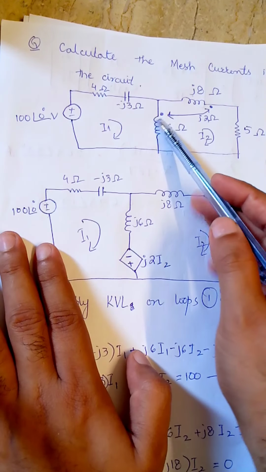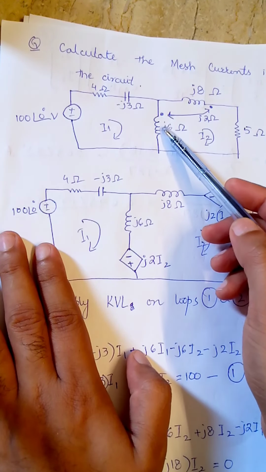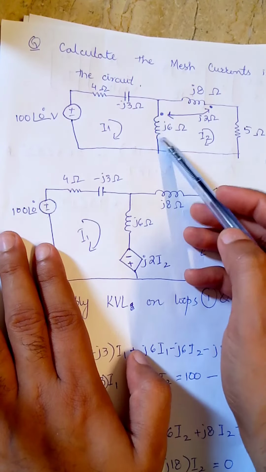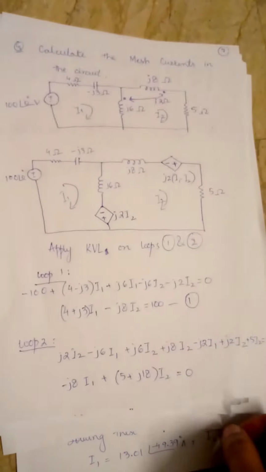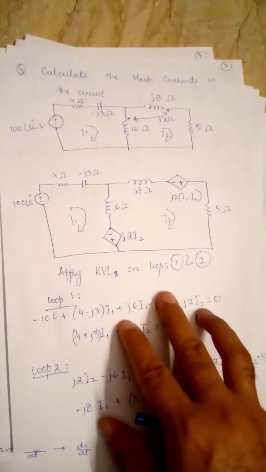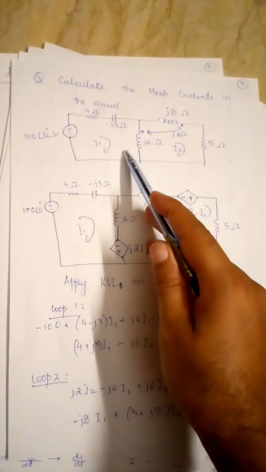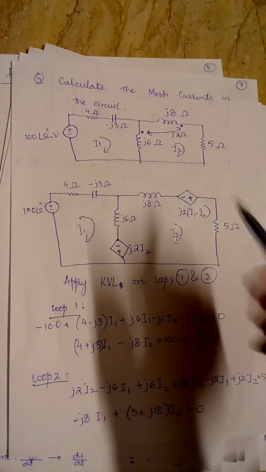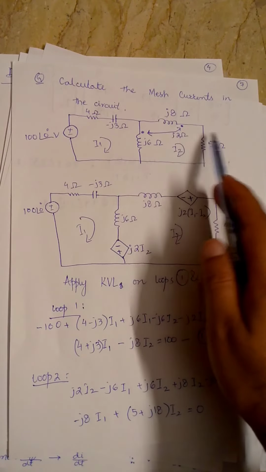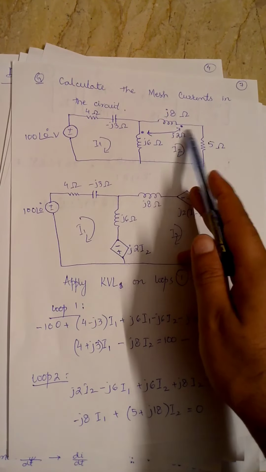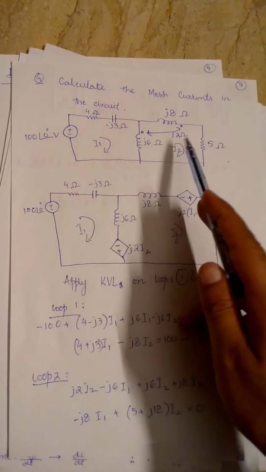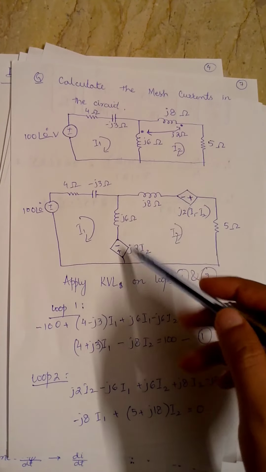Here we can see that this current I1 is entering from the dotted terminal of j6 ohms, and current I2 is leaving the dotted terminal of j8 ohms. So how would we represent this by using dependent voltage sources?